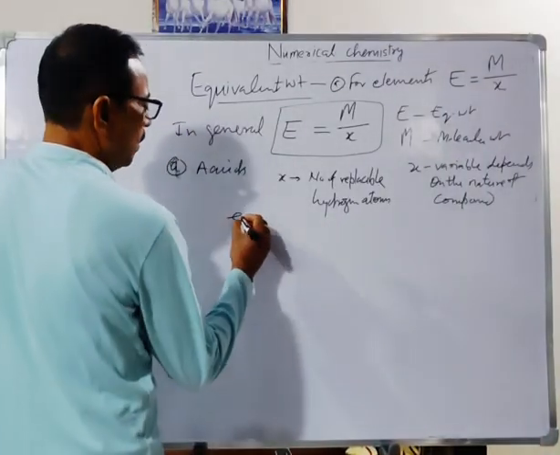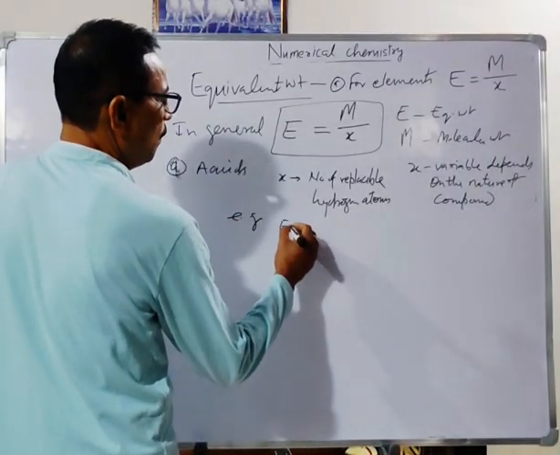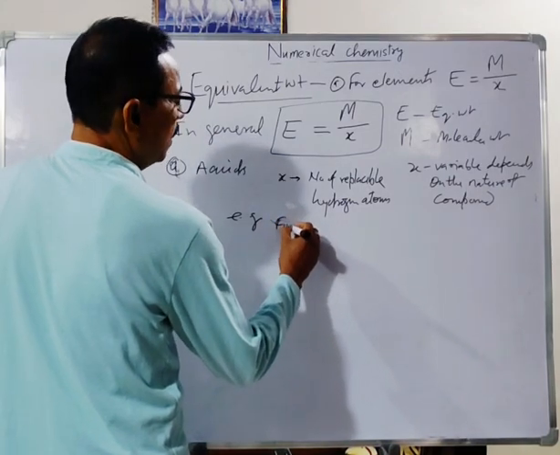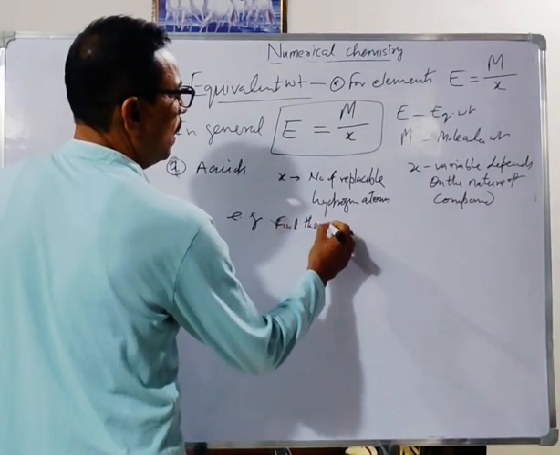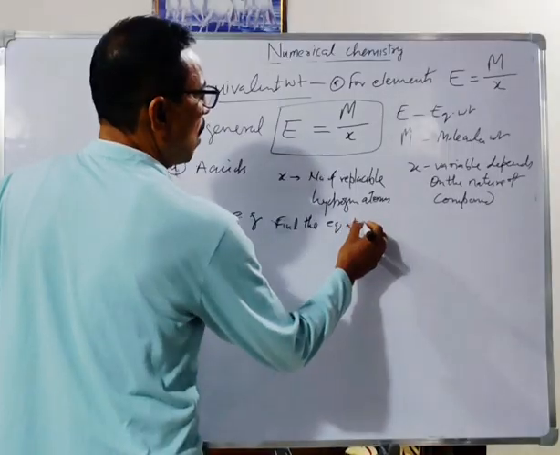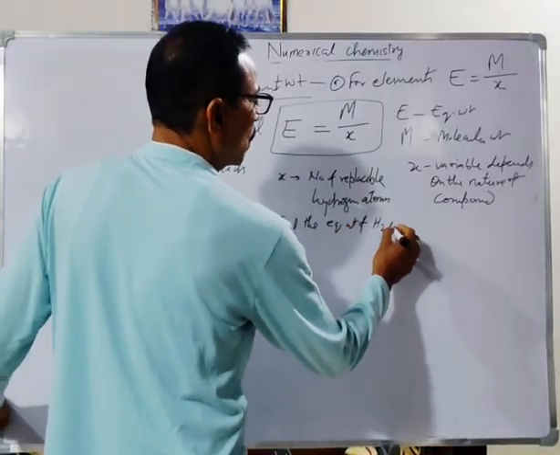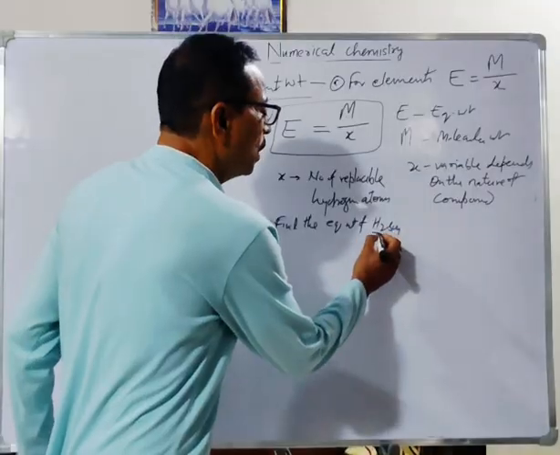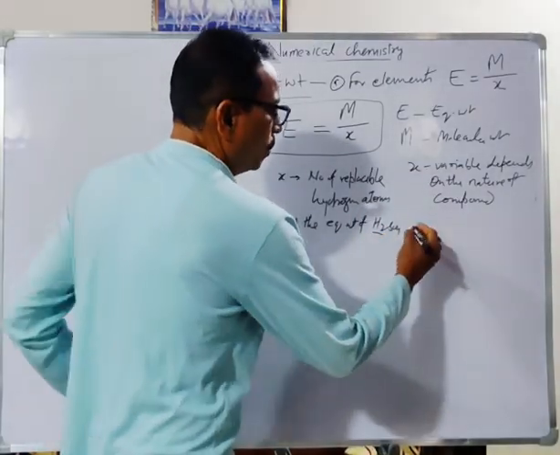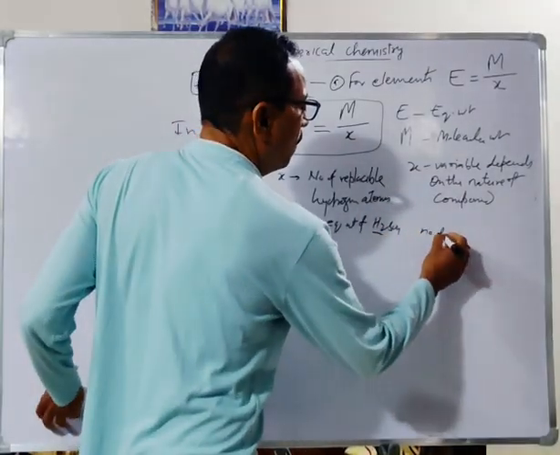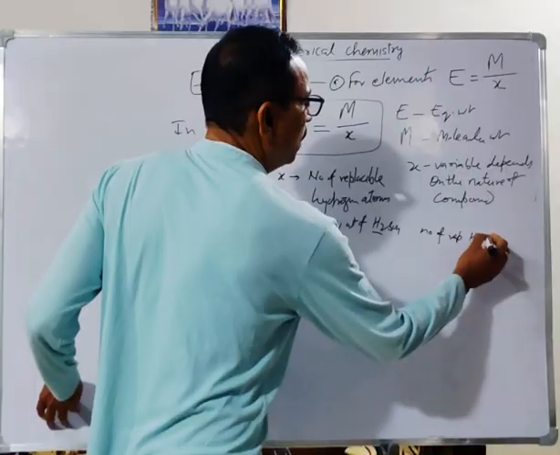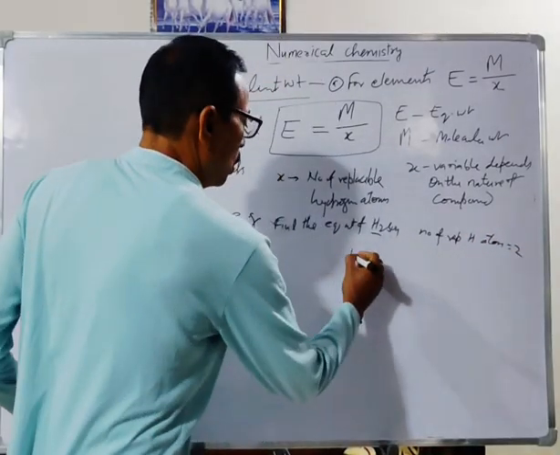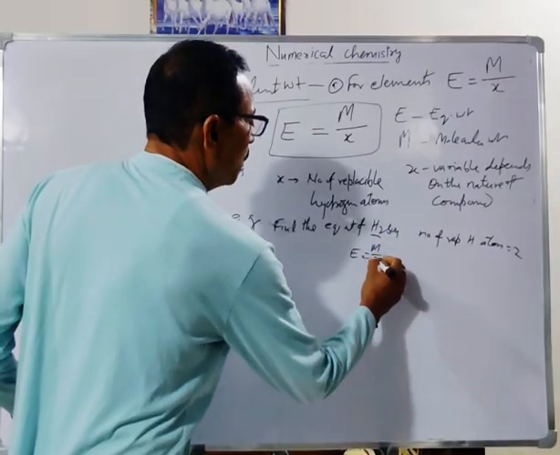For example, find the equivalent weight of H2SO4. In H2SO4 the number of replaceable hydrogen atoms is 2. So equivalent weight is molecular weight by 2.